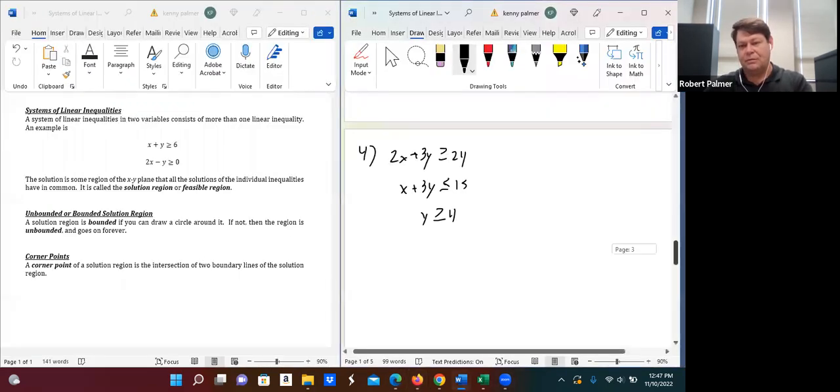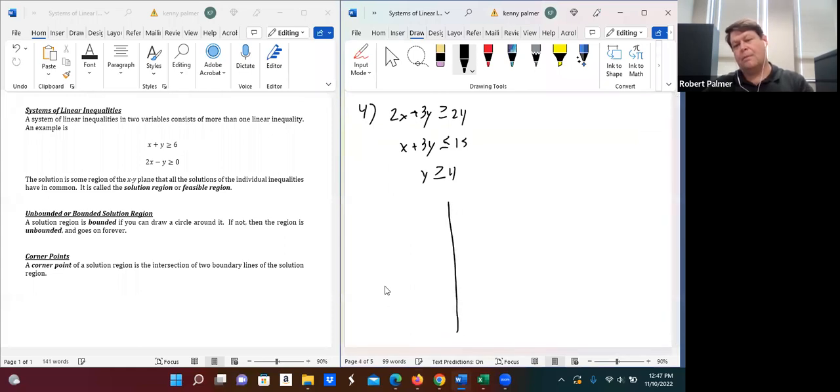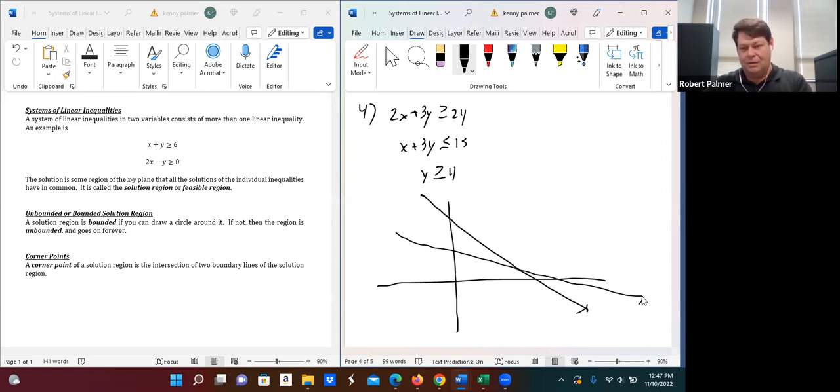So let's draw this. Okay, so we have our one line down like this, and our second line something like this. And this point here where they intersected was 9, 2.